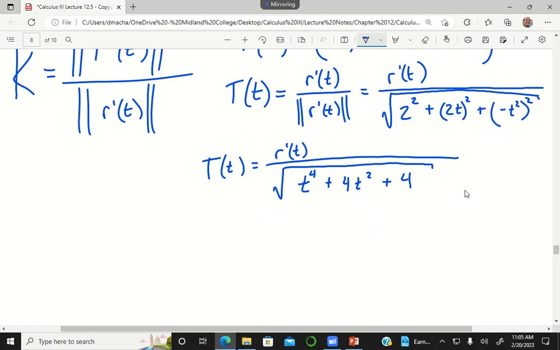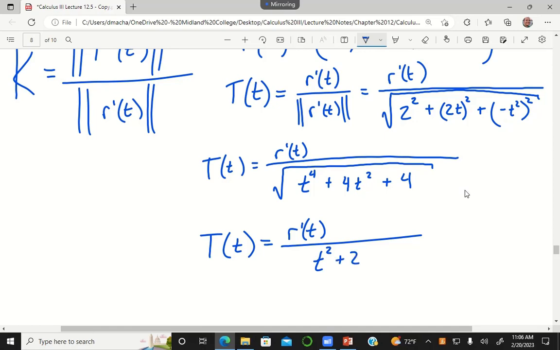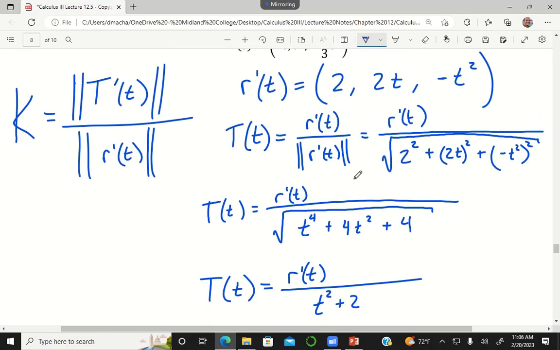So somebody tell me, if I wanted to simplify that denominator, what's the square root of that polynomial? Yeah, t squared plus 2 works. So if I had t squared plus 2 and then I squared all of that, then I would get that quartic polynomial under the radical. So I'll go ahead and write the whole thing out element-wise.